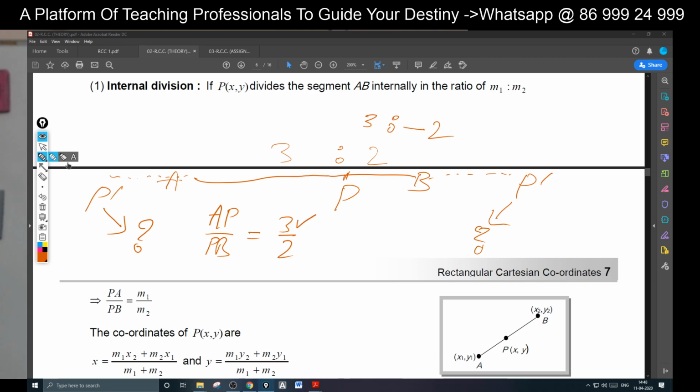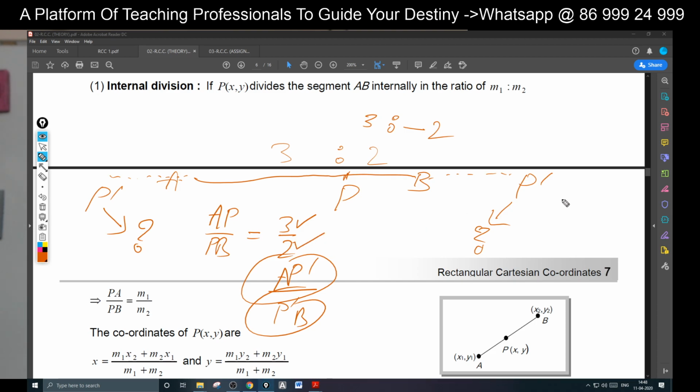If I take the external point P dash this side, what happens? If you take AP dash divided by P dash B, what is happening? Just see that. AP dash is smaller and P dash B is greater, which is against this.